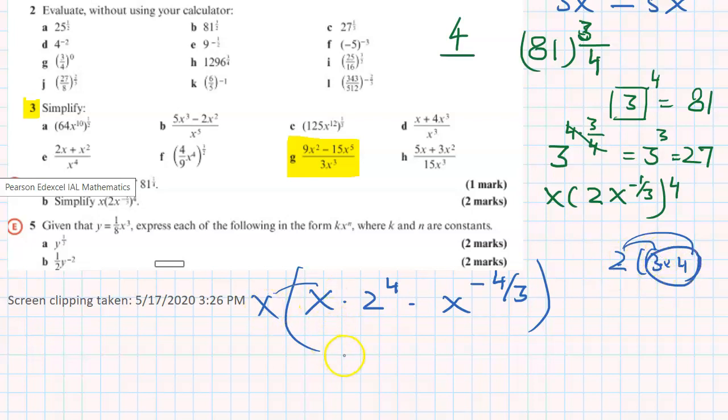So this is going to be x to the power 2, and this is x to the power minus 4 over 3. When we multiply, we add the powers, and 2 to the power 4 is 16, and x to the power, this is 6 minus 4, so that is 2 over 3.